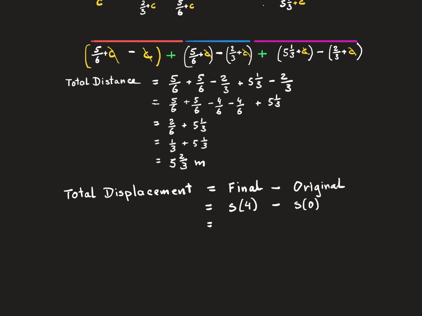So all we do is substitute that 5 1/3 plus c, take away c. That just cuts out the two c's, and our answer is just 5 1/3 meters. And we should say to the right, because displacement is always a vector, and it tells us not only the magnitude, but also the direction.